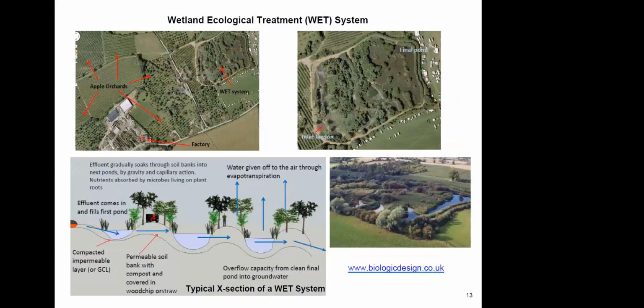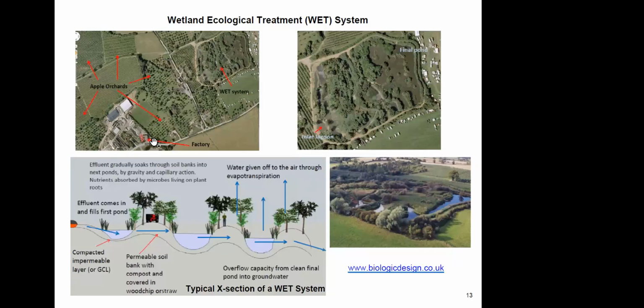Here's the example of the wet system. Have a look at this website, Biologic Design. Jay Abrams is the master designer there. He's also, I think, still a current trustee of the Permaculture Association in the UK. But the challenge here was this cider mill.